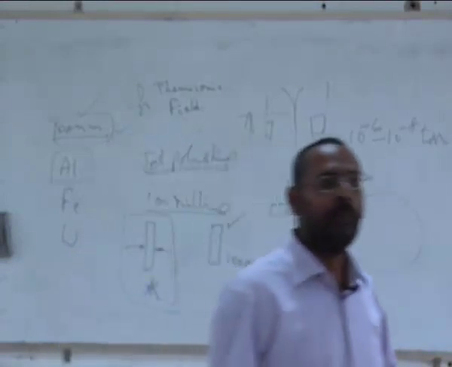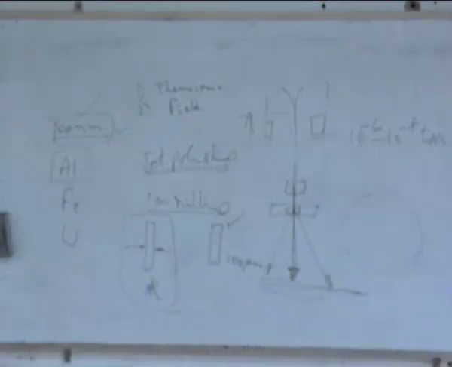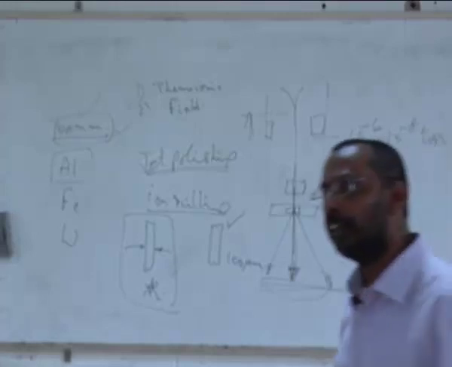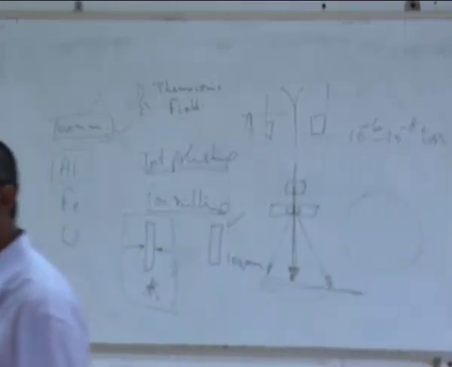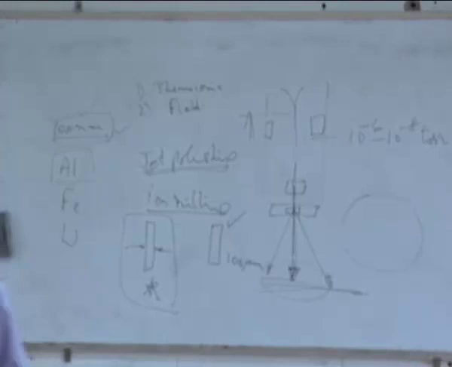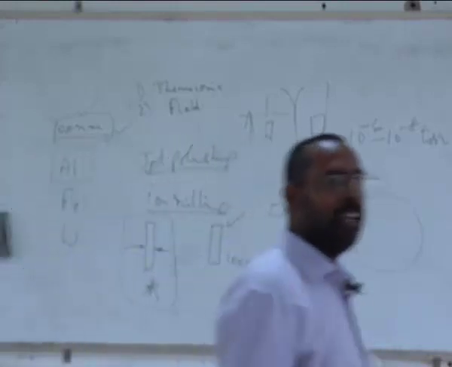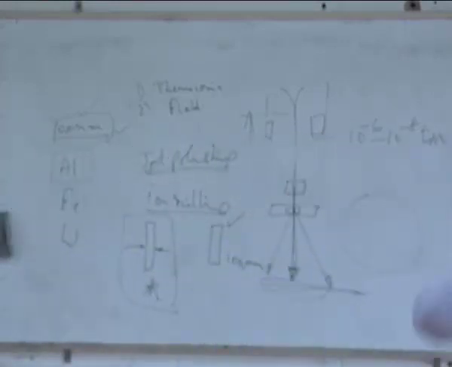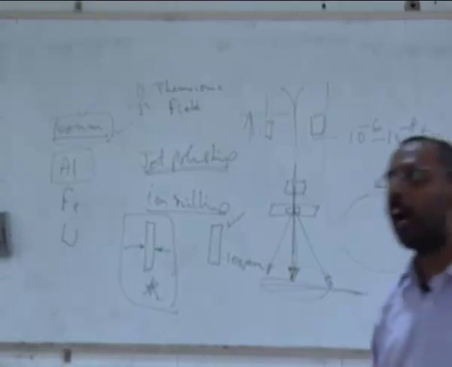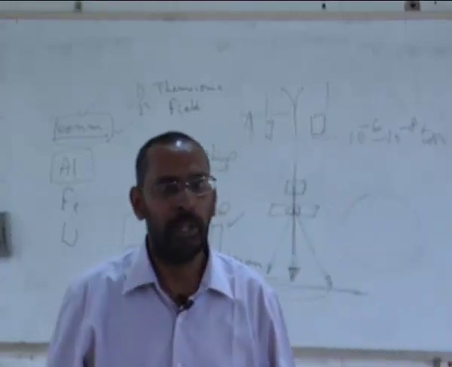Milling is a term. Where do we use this milling? In manufacturing. You must have heard of milling. Milling is actually close to drilling. Taking the material out is what is milling.